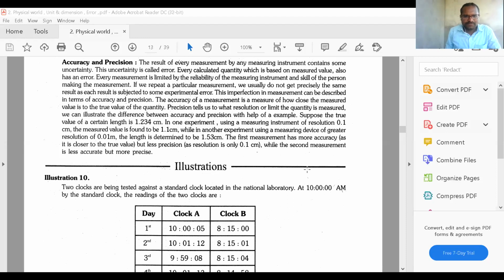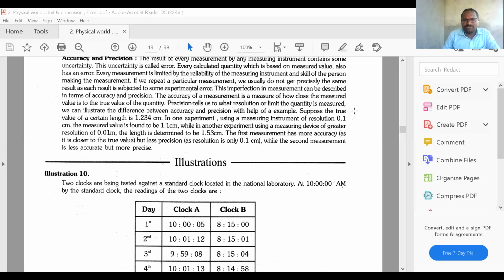Okay, clear? Let us take one example. You have a number 1.234, this is the true value.